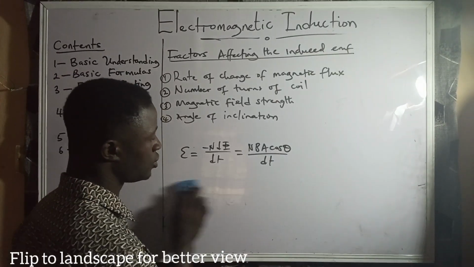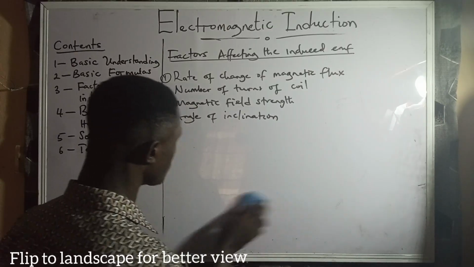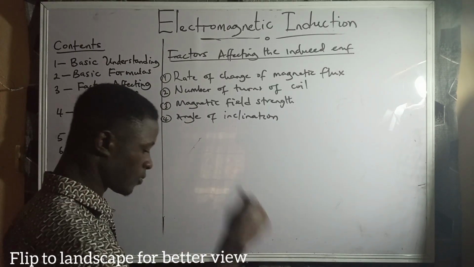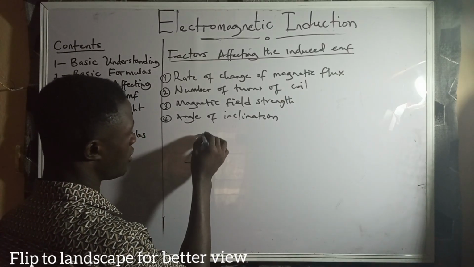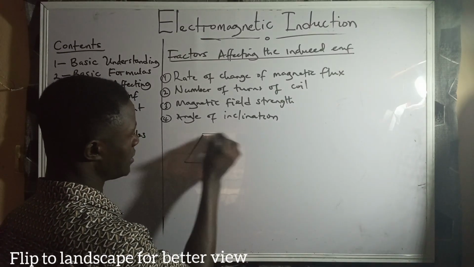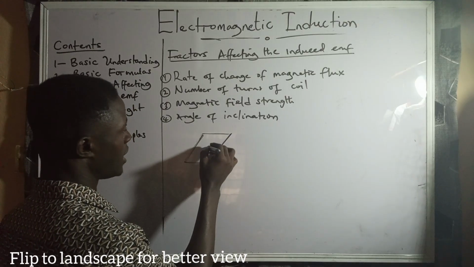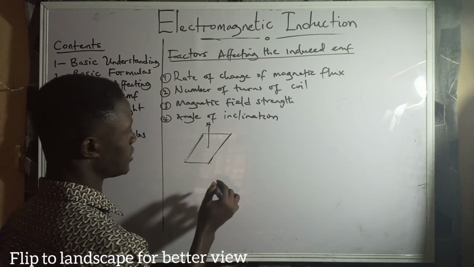I want to show you this angle of inclination using diagrams. Now let's assume that we have a plane of coil like this. Here, N is considered as the normal.